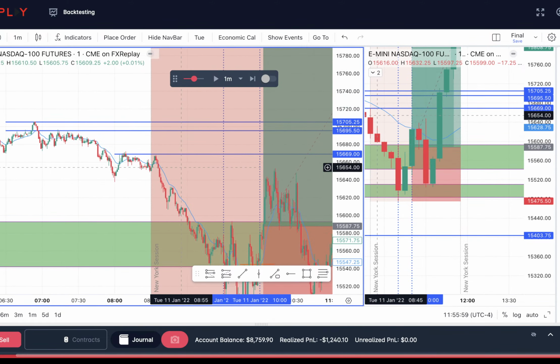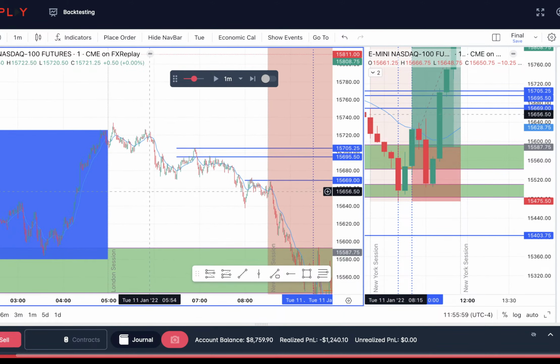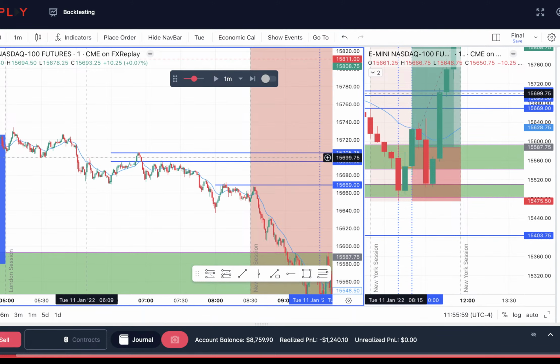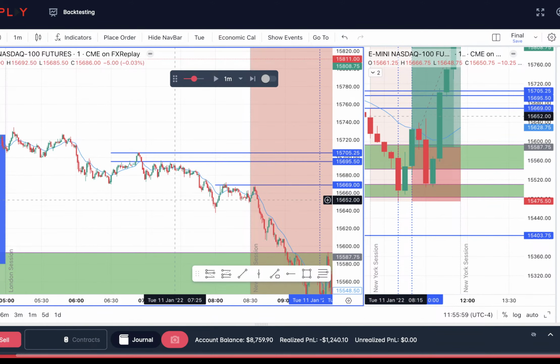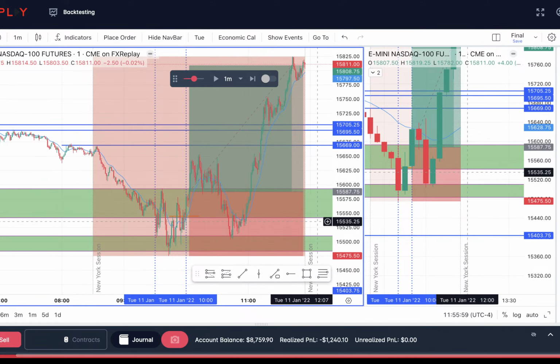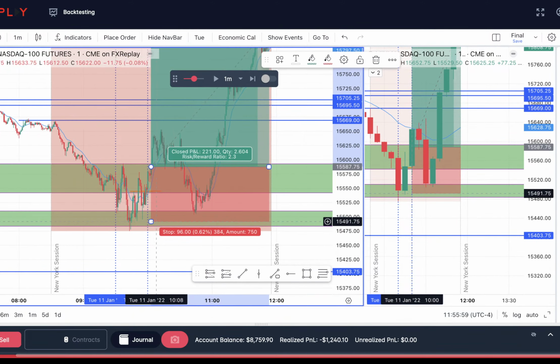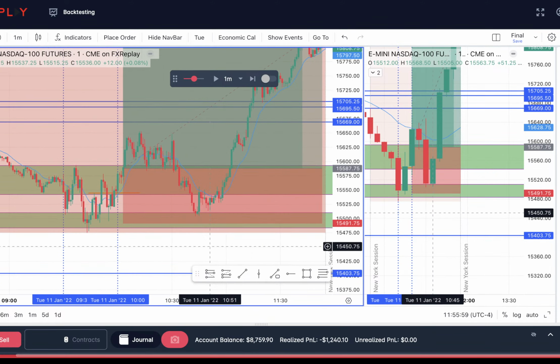But again, there are some continuation plays like this where your stop loss could just be these highs and it didn't come back to you. If you got in down here and your stop loss was this high, though, it stopped you out to keep going your way. So it's something. And, or don't take this trade if you don't like the stop loss. It just is what it is.